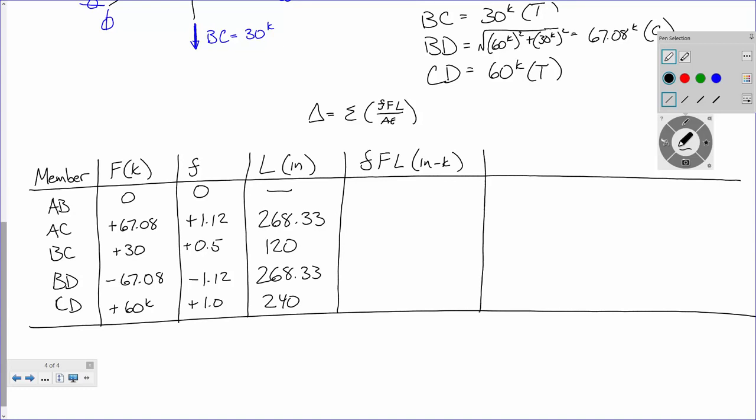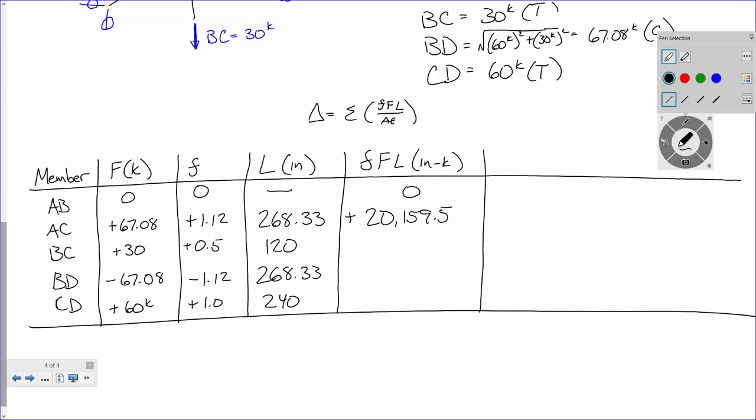All right, so the first row, that's 0, right? So what's this second row? 67.08 times 1.12 times 268.33. And that's positive. What about the one below?